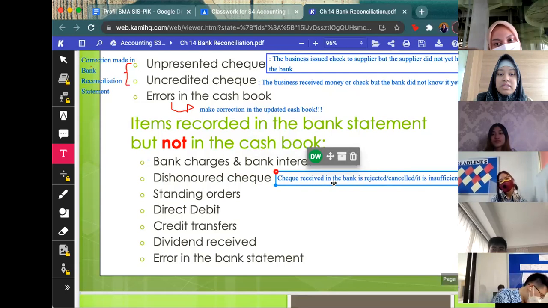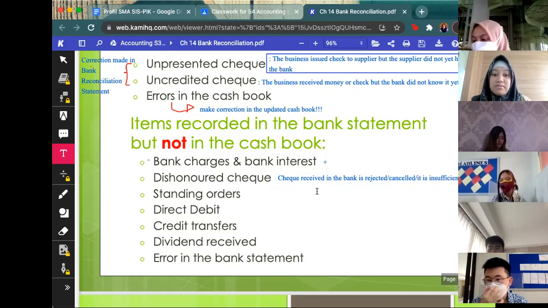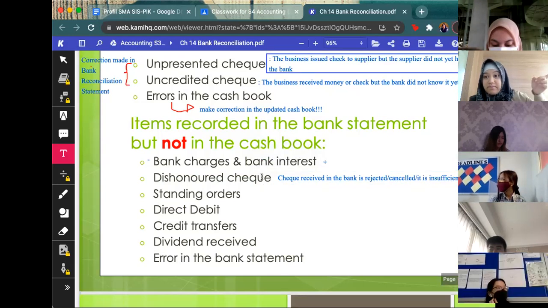So logically, when this happens, the money that was previously recorded as in, you must record as out. You must cancel the earlier transaction. Once again, because of this check, you have to cancel the record you made when you added this check before. For example, like this.